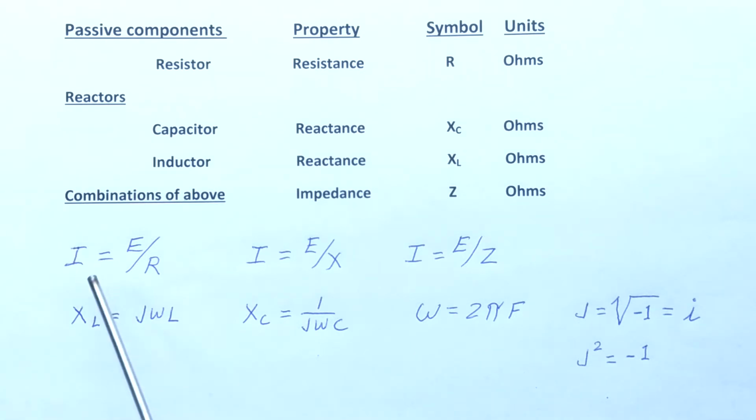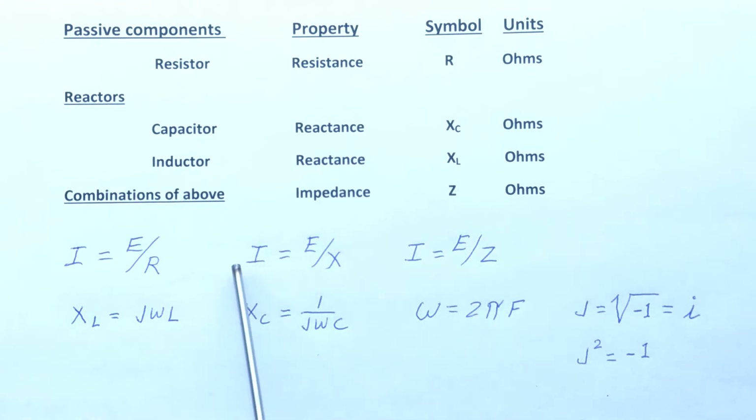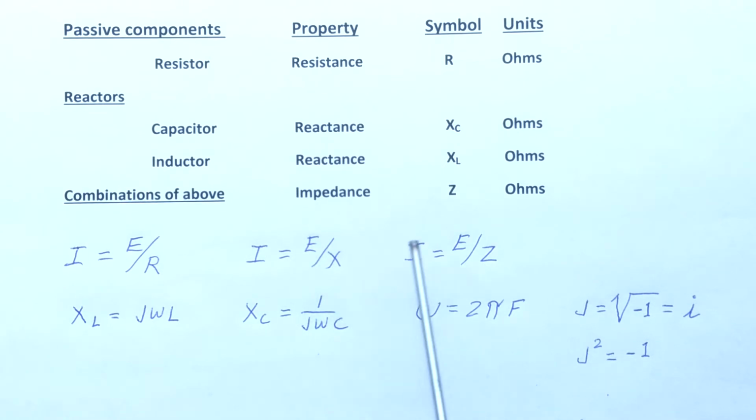Here's our standard Ohm's Law formula, and the same form applies for reactance and impedance. That is, the current is the voltage over the reactance or the voltage over the impedance. Now the capital letters indicate steady state conditions.